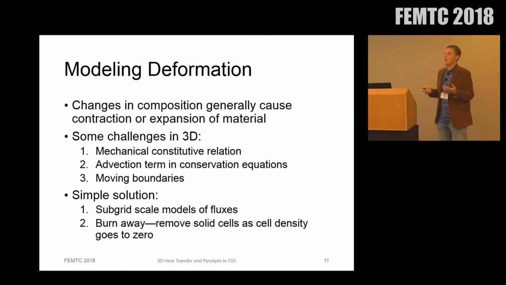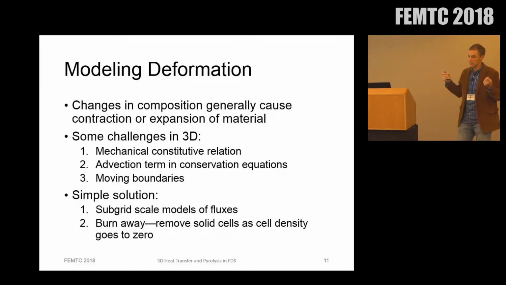Now, this presents a lot of challenges for dealing with deformation in 3D. There are challenges dealing with deformation in 1D, but a lot of the ad hoc tricks that we play in 1D seem natural to the 1D model. In 3D, these same tricks look a lot more kludgy.